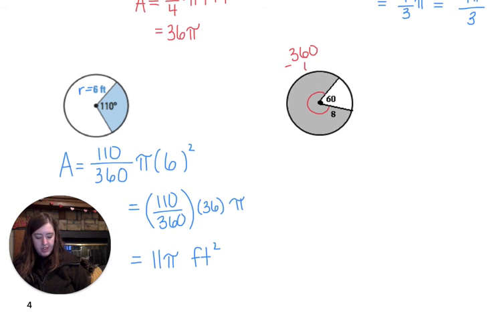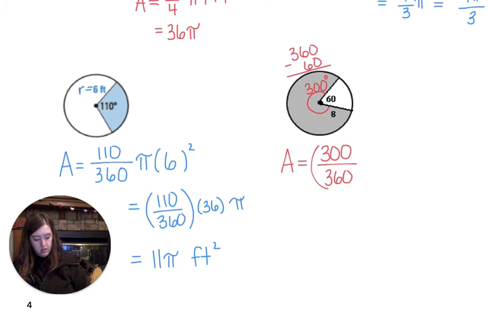So we can subtract out the 60 that we don't need to get 300 for the degrees of what we actually want. So for our area, we'll take 300 over 360 times pi times our radius squared.